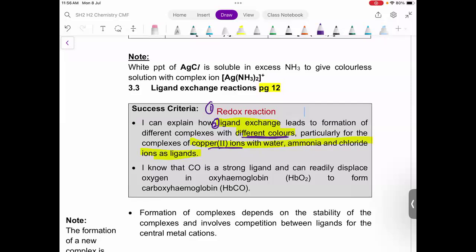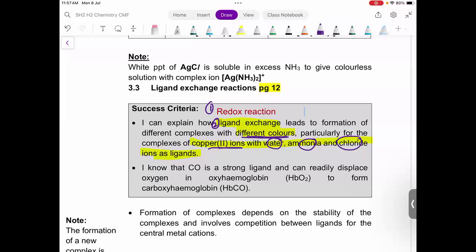I hope you can recognize that water, ammonia, and chloride are the most often used ligands in TM. So when I add water, ammonia or chloride ions, you must recognize that it's more likely to be a ligand exchange than a redox reaction.